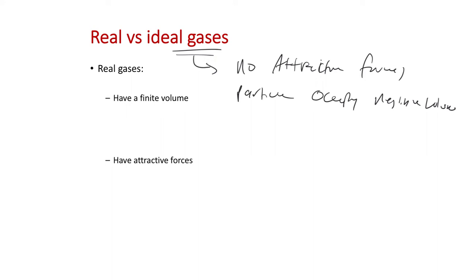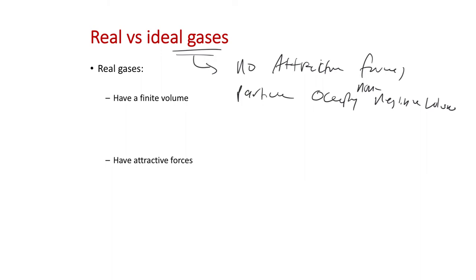Whenever particles begin to have attraction for themselves, that's going to lead to a problem with our ideal gas law. And also, whenever the particles begin to occupy an actual portion of the container, so the particles occupy a non-negligible volume. Negligible volume means the particles occupy such a small space in an ideal gas that we don't have to factor in how much of the space of a container is being occupied by particles.